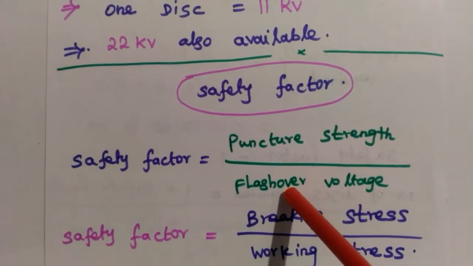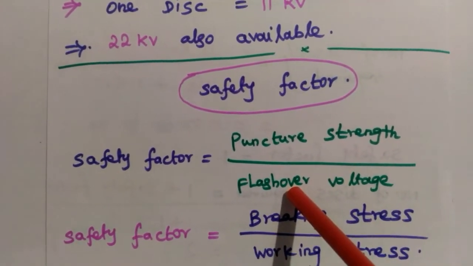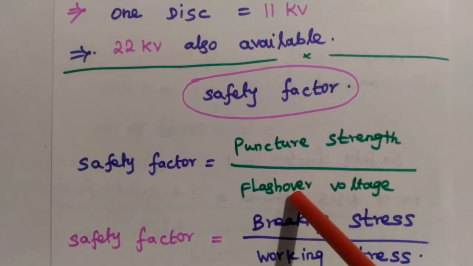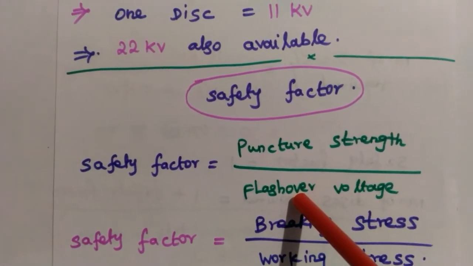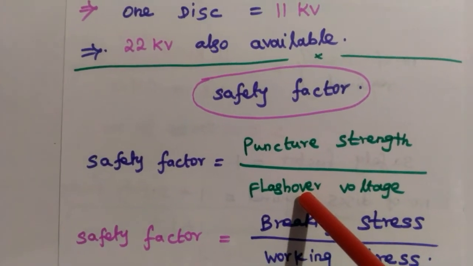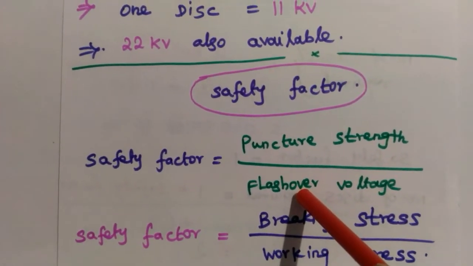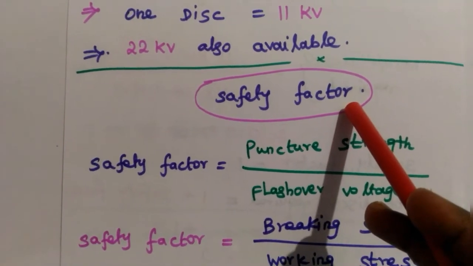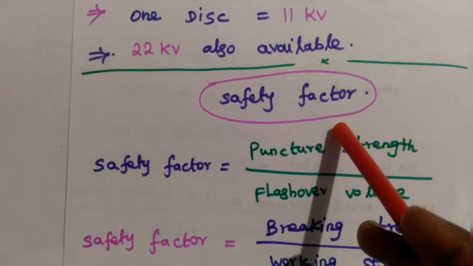That is, a short circuit will occur in that particular insulator, which is called flashover. So before the particular insulator breaks down, we get flashes from the insulator. That is the normal definition of the safety factor. So the safety factor should be a high value.